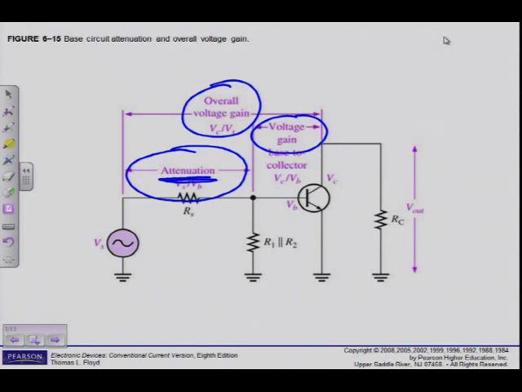Alright, so then I simplified the circuit and I saw, as I can see in this figure as well, that R1 is in parallel with R2. I've also seen that I have an RS. It's not always given, but if it is given, then I have to calculate the attenuation, but I will get back to that. RS, of course, is the source's internal resistance. Now, it's not a series resistor.